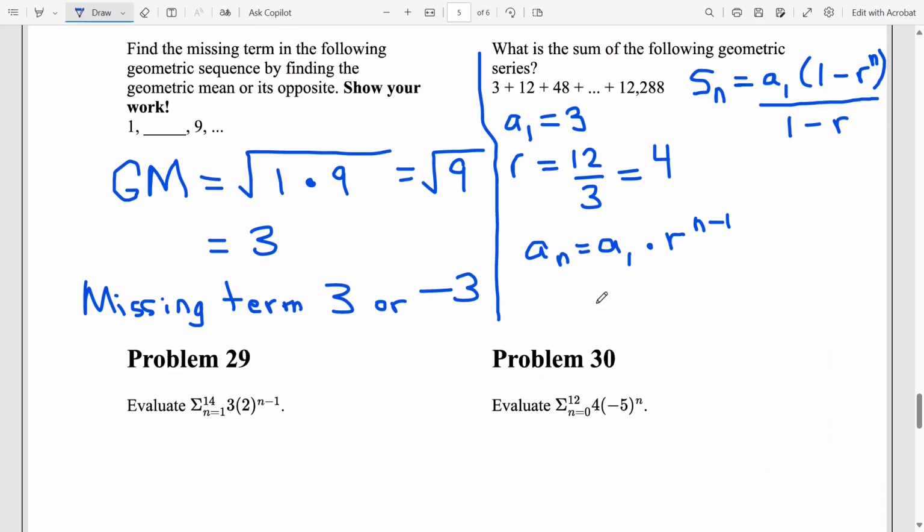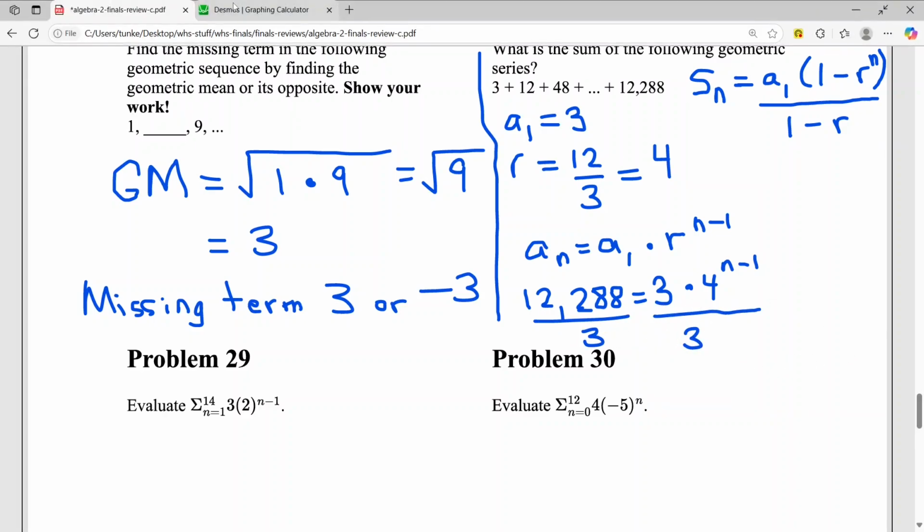Okay, so we're going to say 12,288 equals the first term 3 times the common ratio of 4 to the n minus 1 power. And we'll divide both sides by 3.